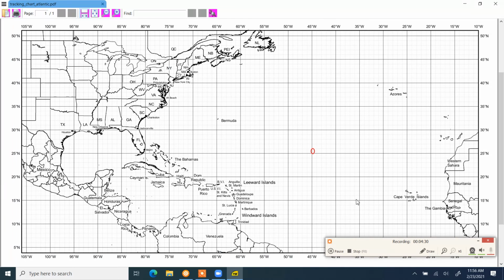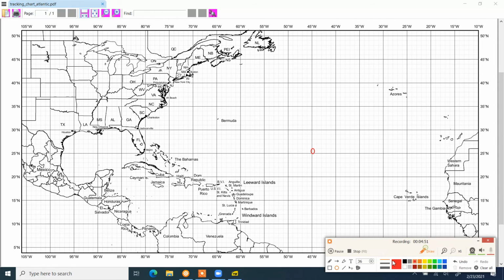So let's go back over here. Now it was at 26 north. I don't see 26 here, but I know 26 is between 25 and 30. Each of these gray lines counts as 1, so for 26, I go up 1. Let me draw where that is. See this gray line over here?